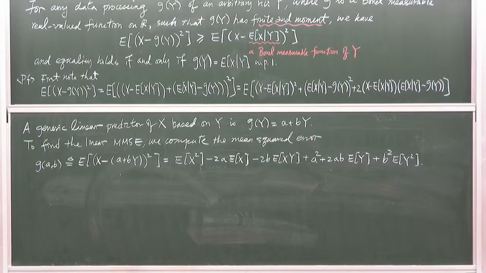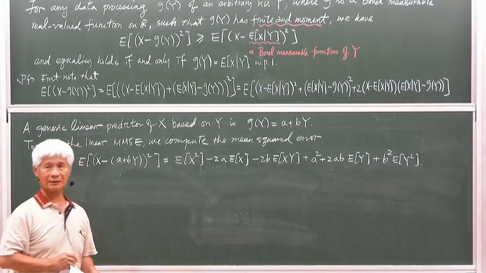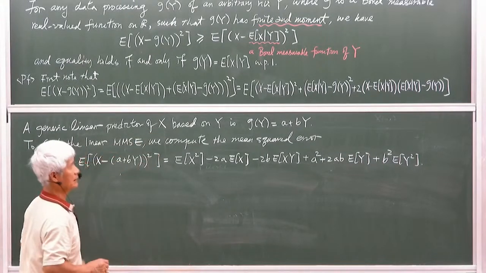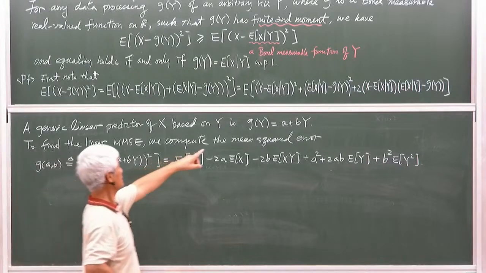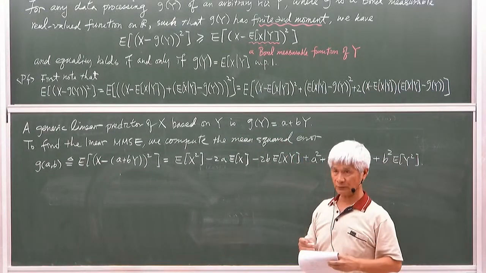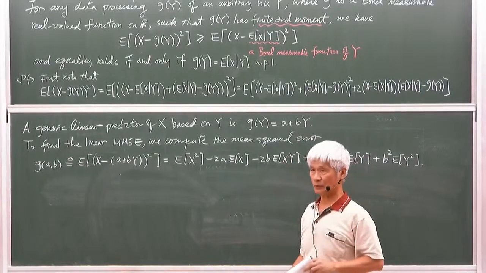As stated in Proposition 7.6.1, we require that X has finite second moment, and for the linear predictor to have second moment, we need Y to have second moment.